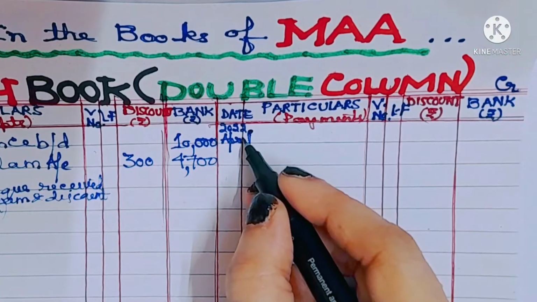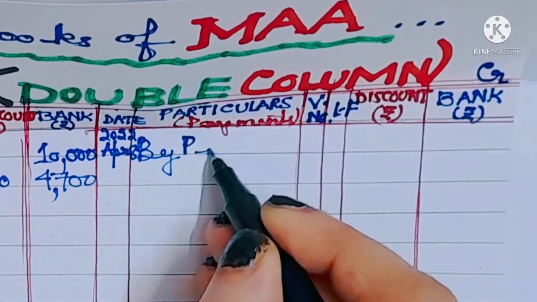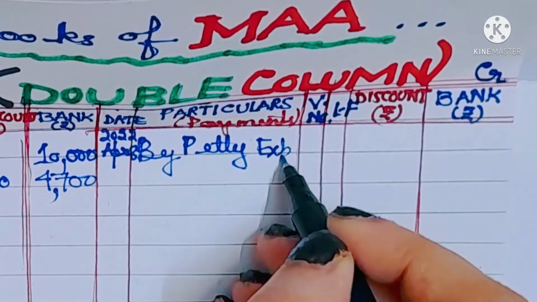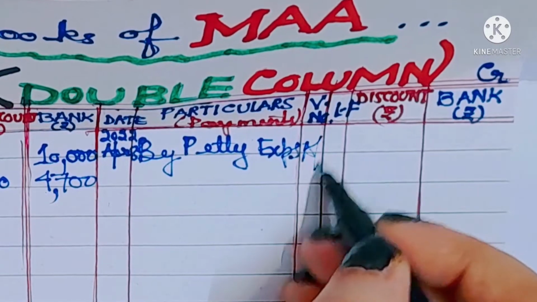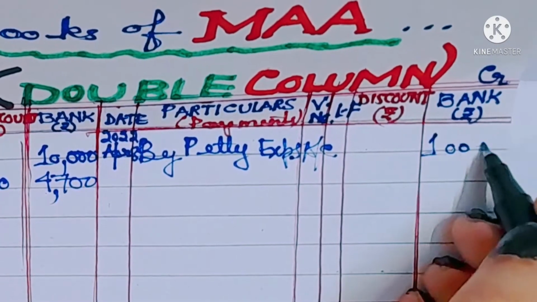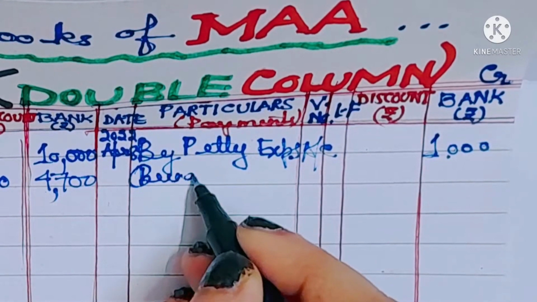So on 8th April by petty expenses account in the bank column 1,000. Okay, being petty expenses paid by check.